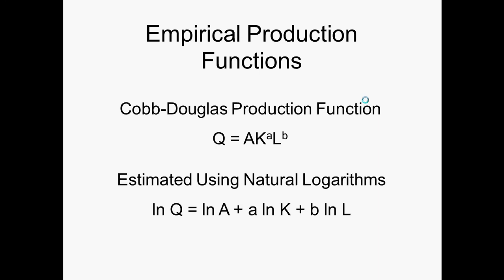Now, when people estimate production functions empirically, you can think of a lot of reasons why you might want to do this. Certainly if you're going to try to maximize profits, you want to know how changing your scale of production is going to affect your costs. So you'd want to know the production function for that purpose.